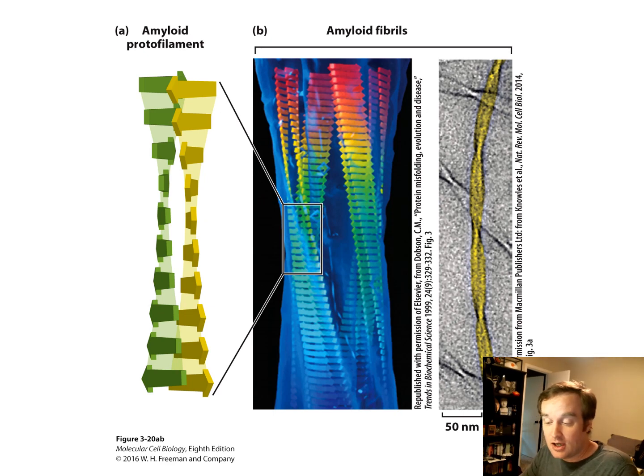There are a lot of different proteins that can aggregate into these amyloid, well-ordered fibrils. And they have a common structure that can cause amyloidosis disease, which includes neurodegenerative diseases such as Alzheimer's and Parkinson's, as we talked about earlier.